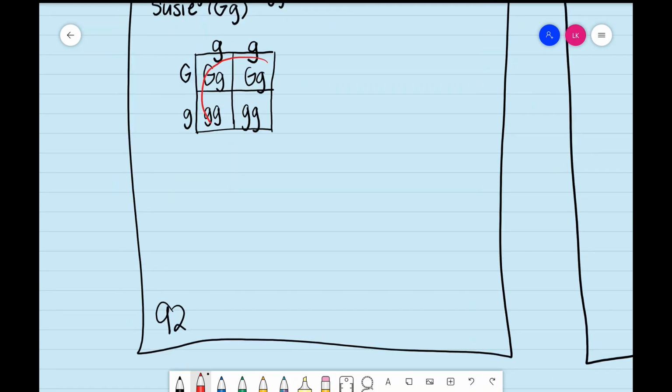So here you have the results of this Punnett square. These are the statistics. There are 4 separate genotype combinations that we're looking at here based on these 2 parents. We can look at the top 2, and we can see that these 2 will be green in appearance, and these will be yellow in appearance.